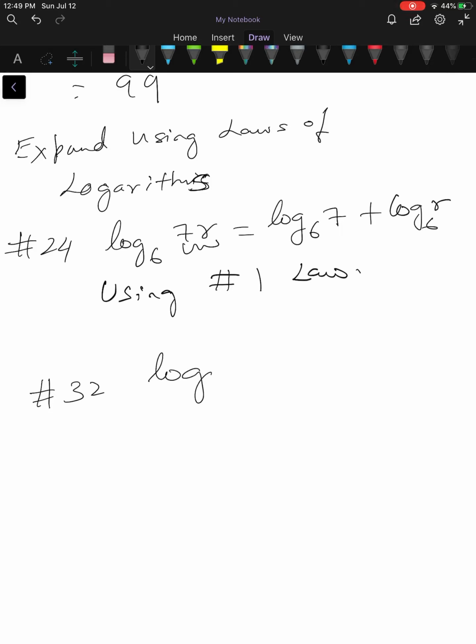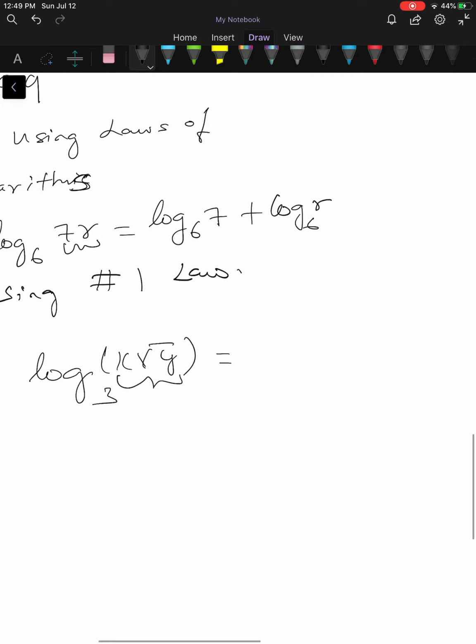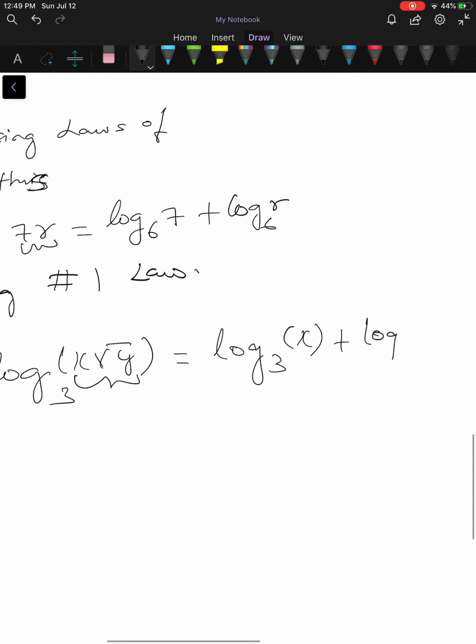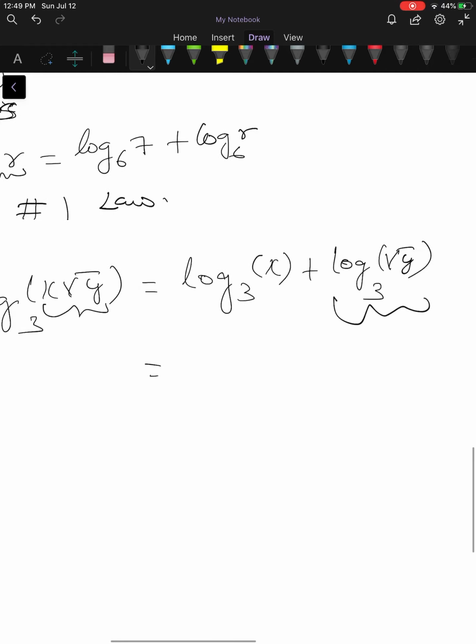Then moving further, we have problem number 32. So you are asked to expand this expression, that is log of x square root of y to the base 3. So again here you can see this is a product. Let me expand using law 1 first. Log of x to the base 3 plus log of square root of y to the base 3. But you can further see the second term can be written differently.